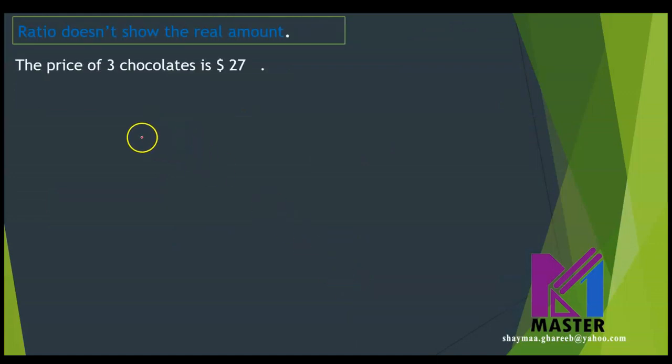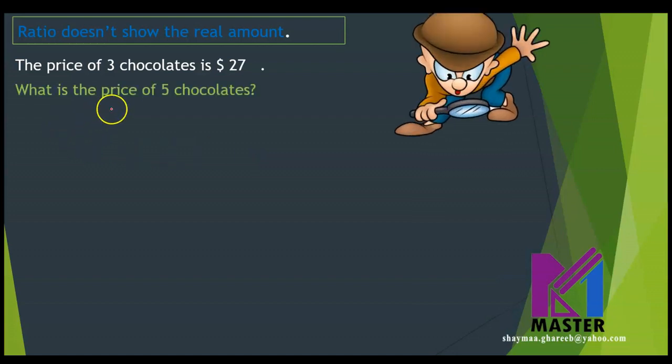As we said, don't forget, ratio doesn't show the real amount. Look at this example here. The price of 3 chocolates is $27. What is the price of 5 chocolates? I can use the ratio to solve this type of question.